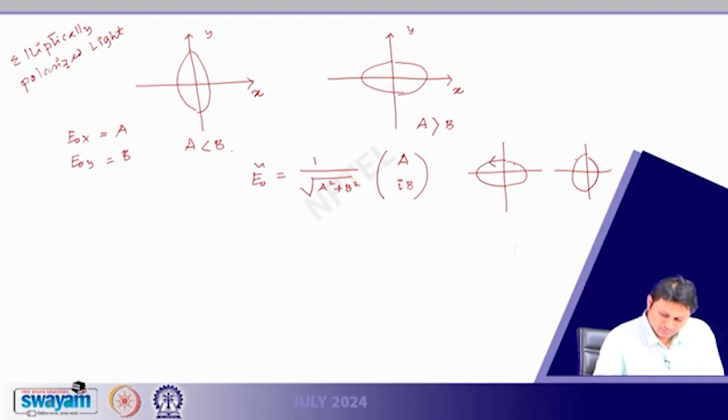So, symbol will be this. So, this is left elliptically polarized light.